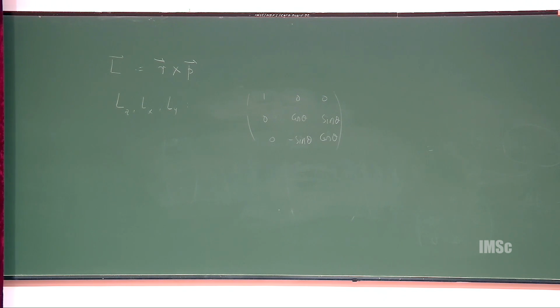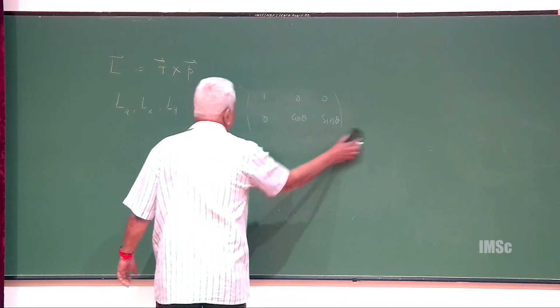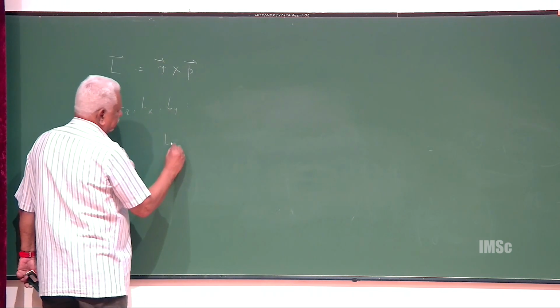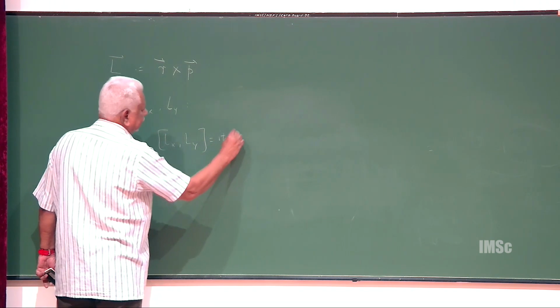You already have 3 operators Lx, Ly, Lz coming from x p_y minus y p_x. So, you wrote down a commutation relation, based on this one: Lx with Ly is i h bar Lz.